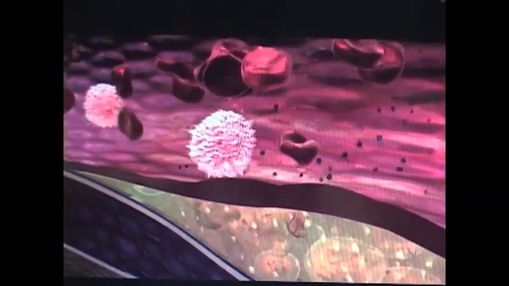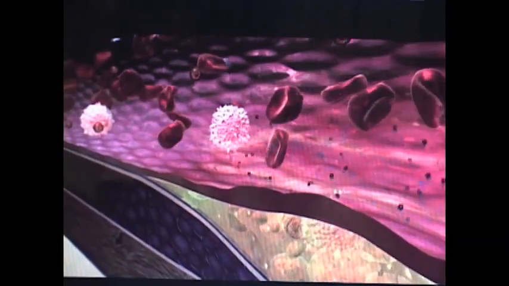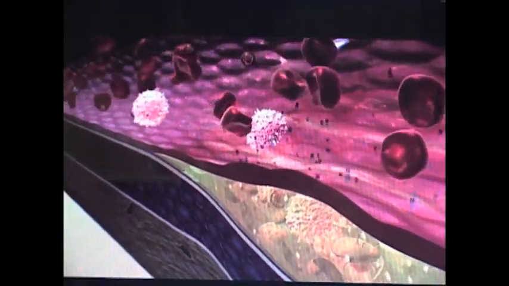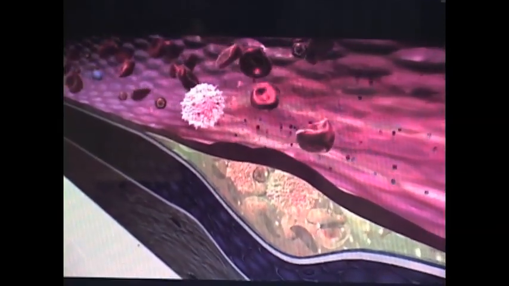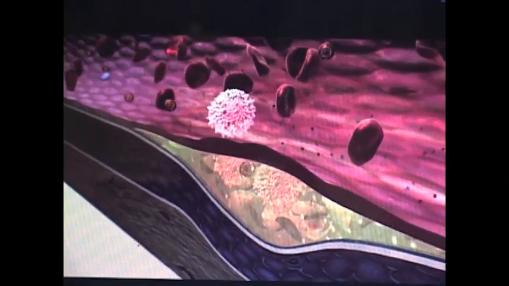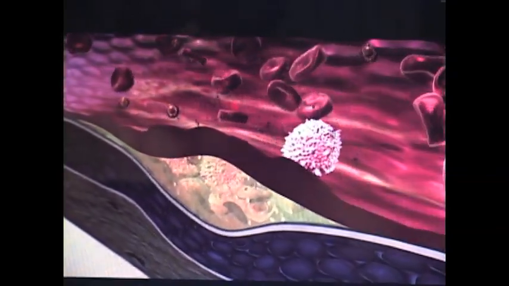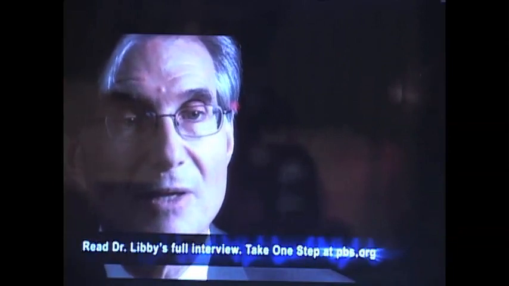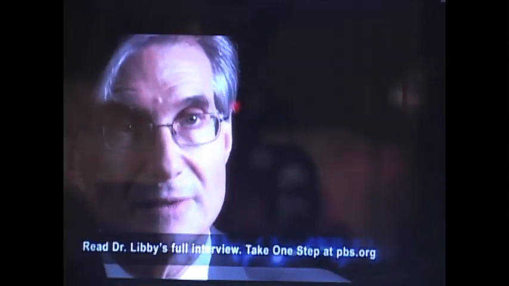White blood cells come to try to help heal the inflamed site. Anywhere else in the body, this would be a normal, healthy reaction. But in the heart, once the white blood cells arrive, they're trapped in the plaque and can't do their job. Instead, they trigger even more massive inflammation. The same warriors that we use to fight off invaders are turned against us and become, indeed, the disease itself.